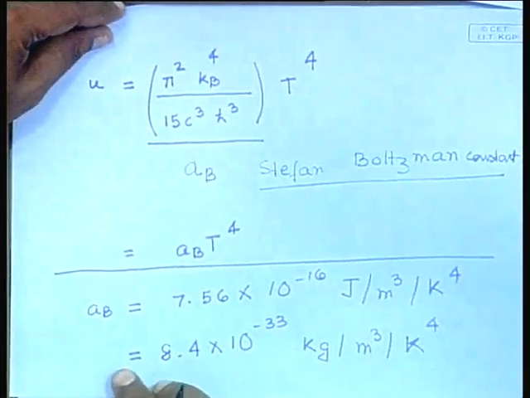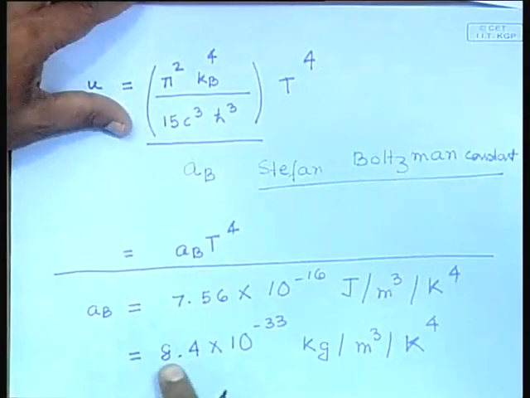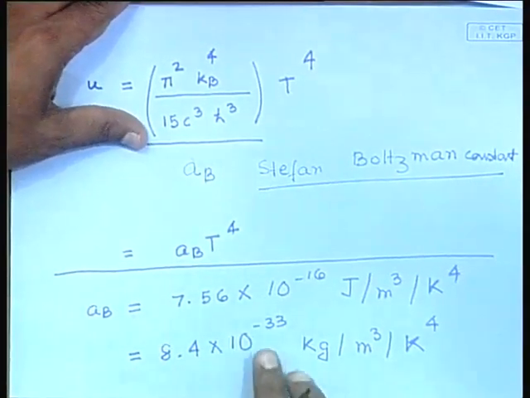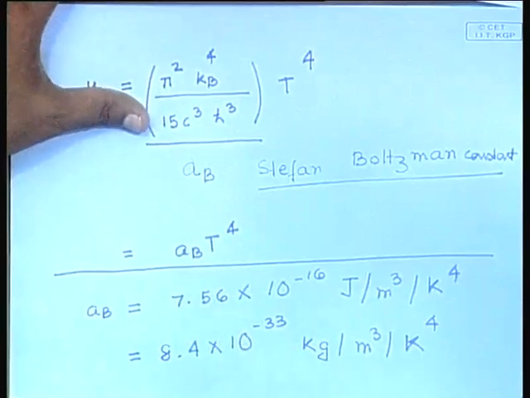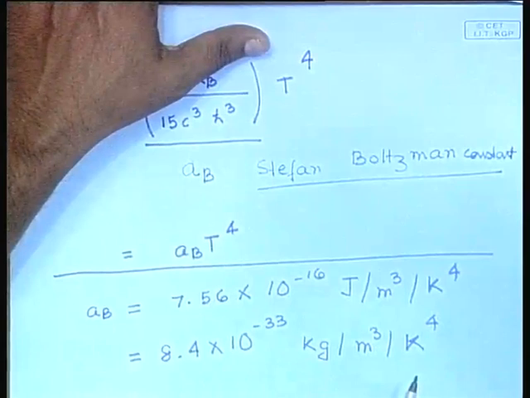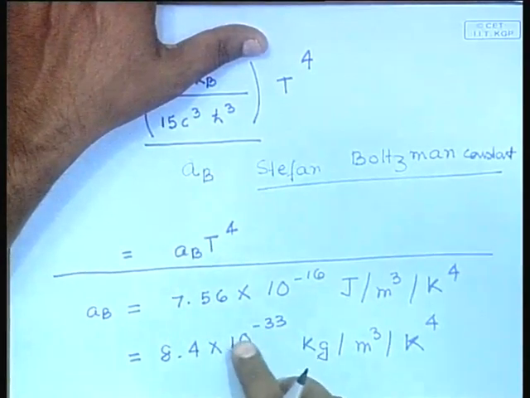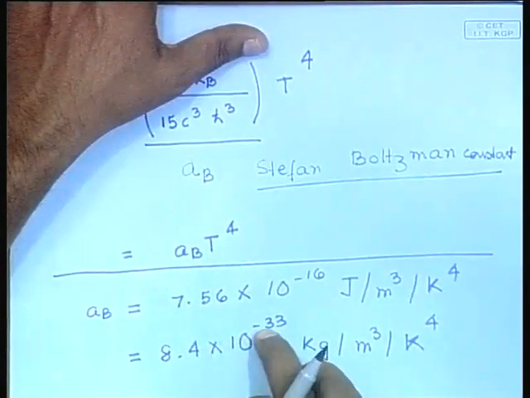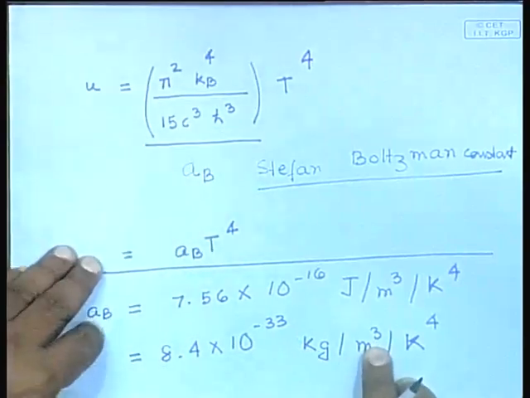So, the energy density in the radiation you can see here is going to be of the order of, if I multiply it with 3 to the power 4, which is of the order of 100, 10 to the power minus 31 kg per meter cube.